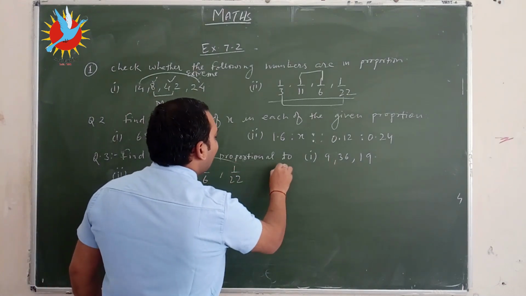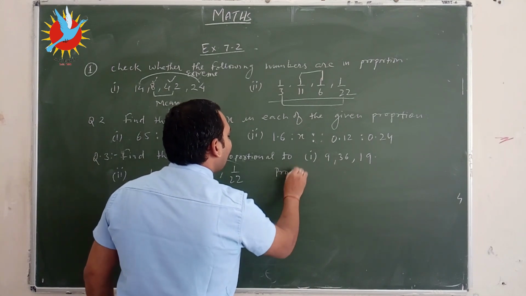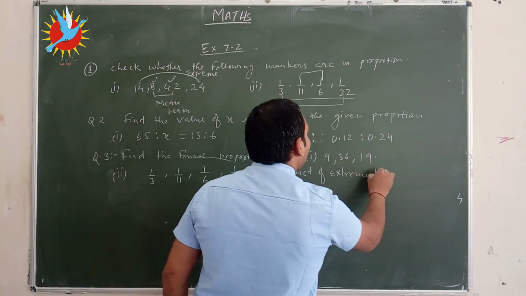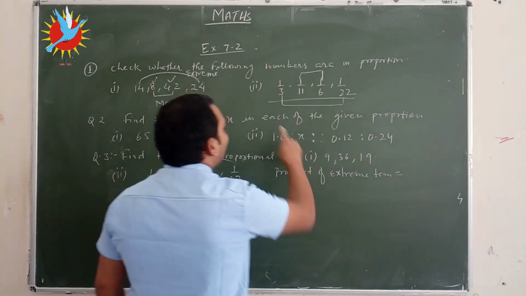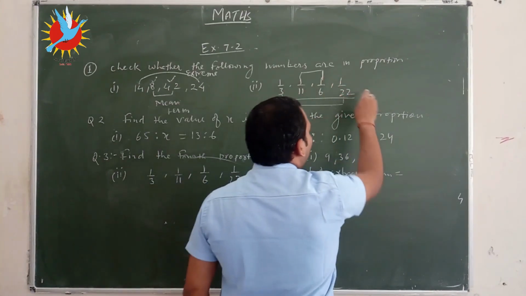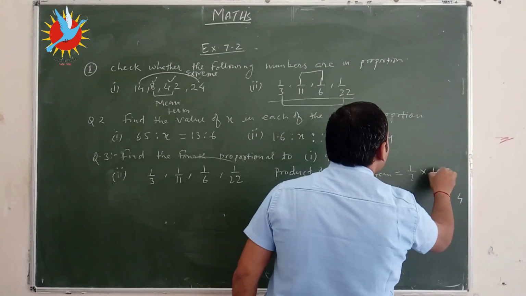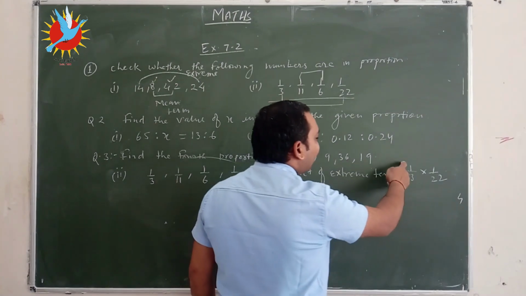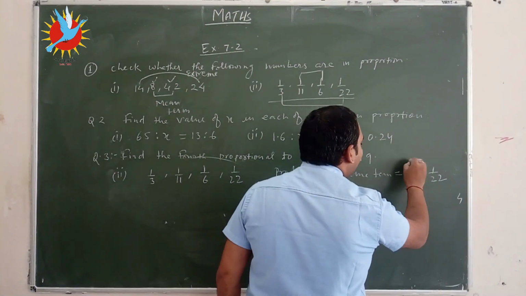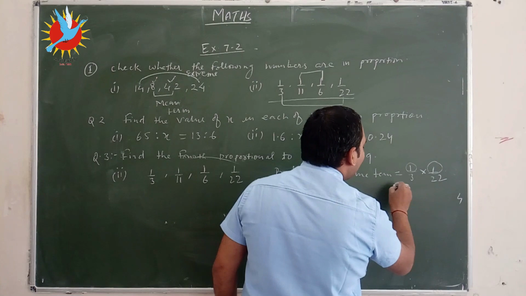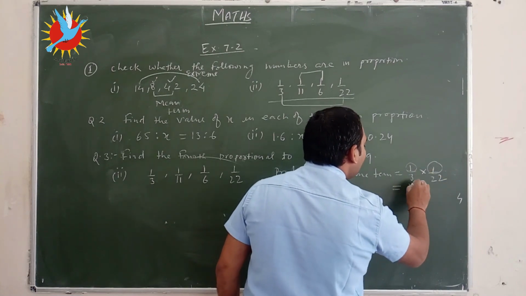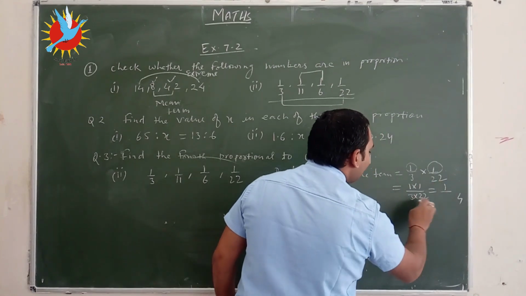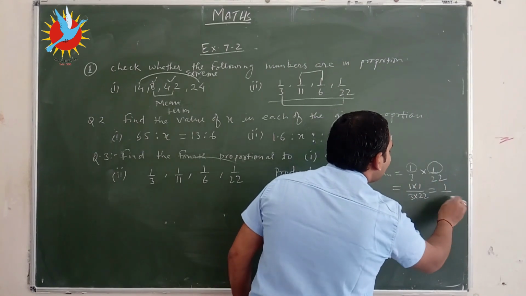So here the product of the extreme terms is equal to, the extreme terms are 1 by 3 and 1 by 22. 1 by 3 into 1 by 22. So what is the product of two fractions? We just multiply numerator by numerator and denominator by denominator. 1 into 1 upon 3 into 22, which is 1 times 1 is 1 and 3 times 22 is 66.